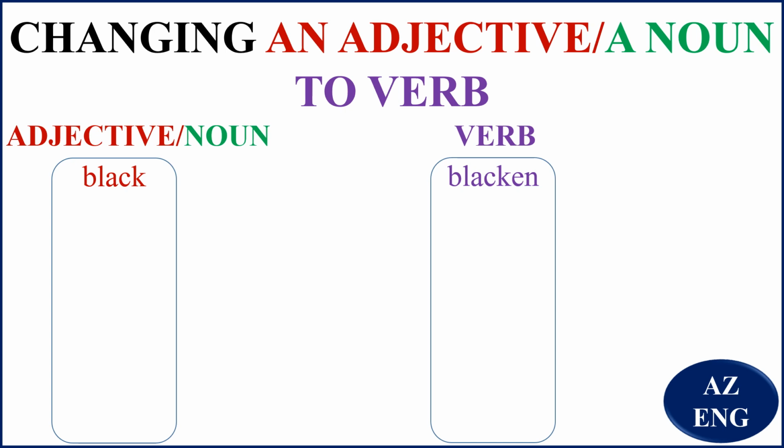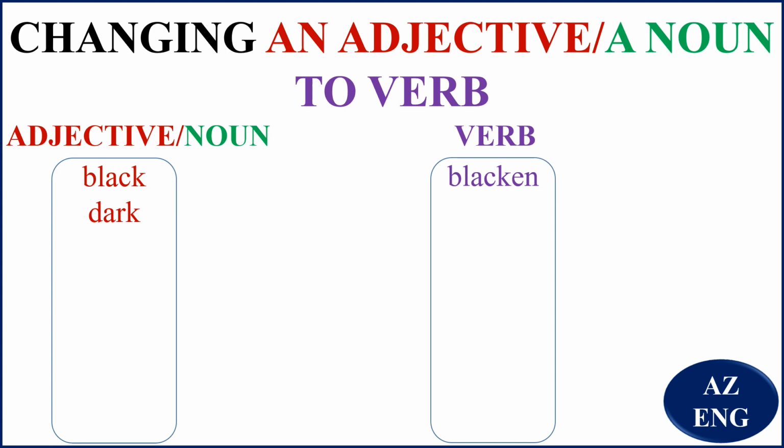For this word black, you can use black. That is, if I say black something, I mean you should make it black. It's very simple. So blacken or black. Dark.